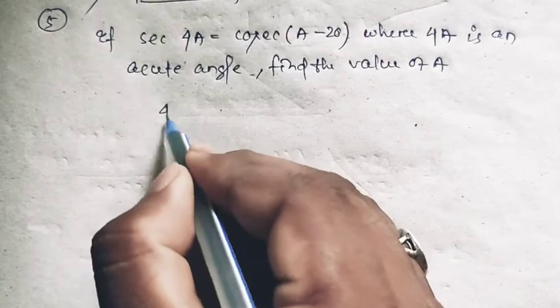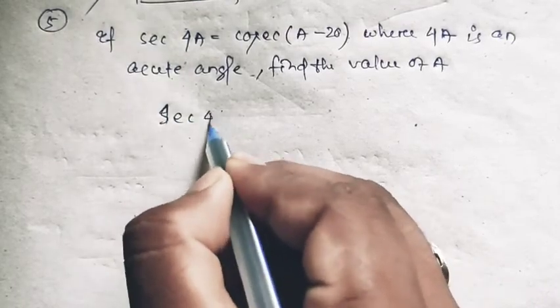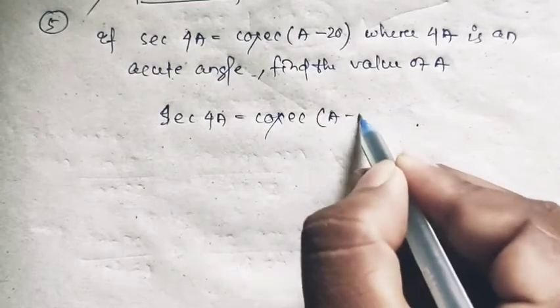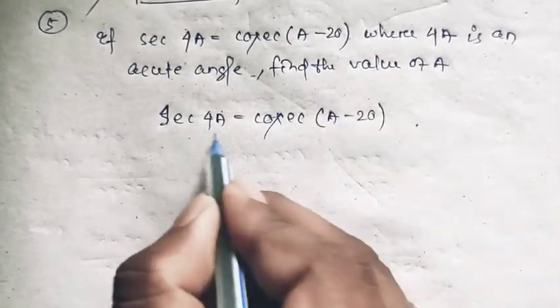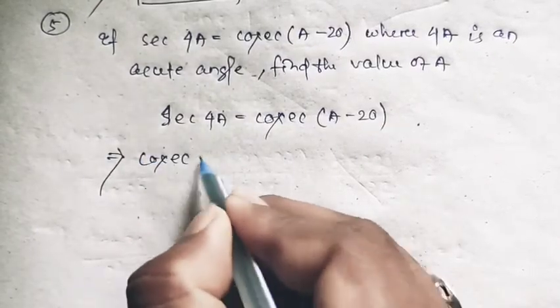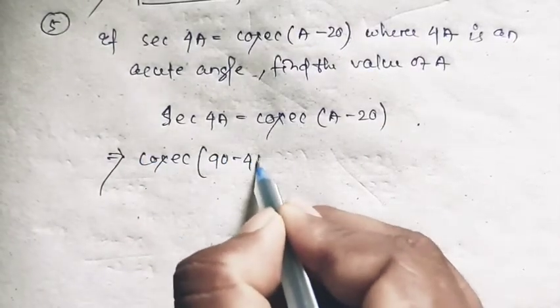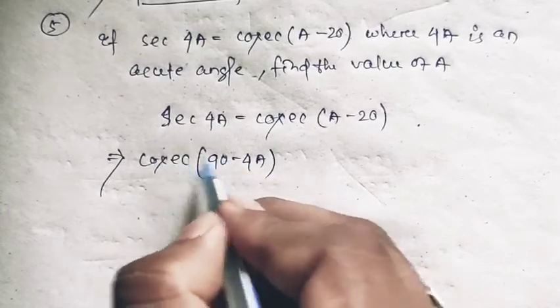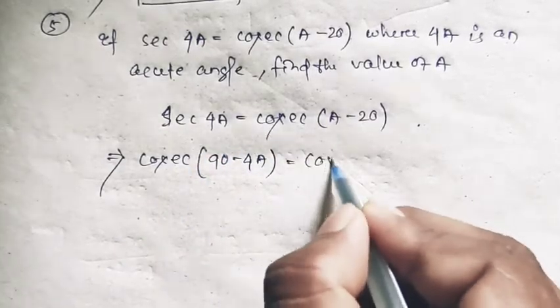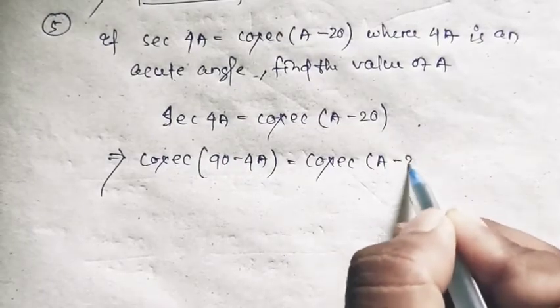So given that sec 4a is equal to cosec a minus 20. I can write sec 4a as cosec 90 minus 4a, because sec theta is equal to cosec 90 minus theta, which is equal to cosec a minus 20.